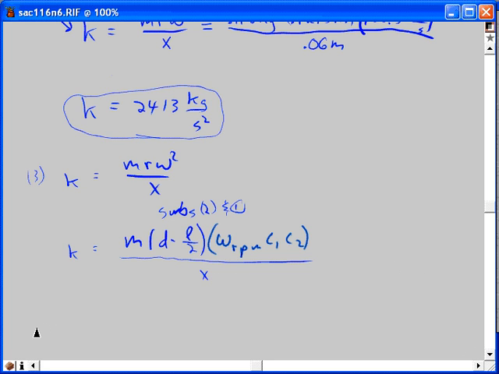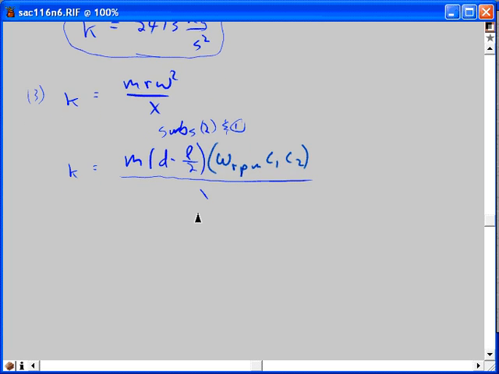Okay, I need to substitute values with units and error in there. I'm going to use Gal-CP to do that, and I want to make a table here of the values that I need. So I need the mass, which was given, 0.1180 plus or minus 0.0020 kilograms.